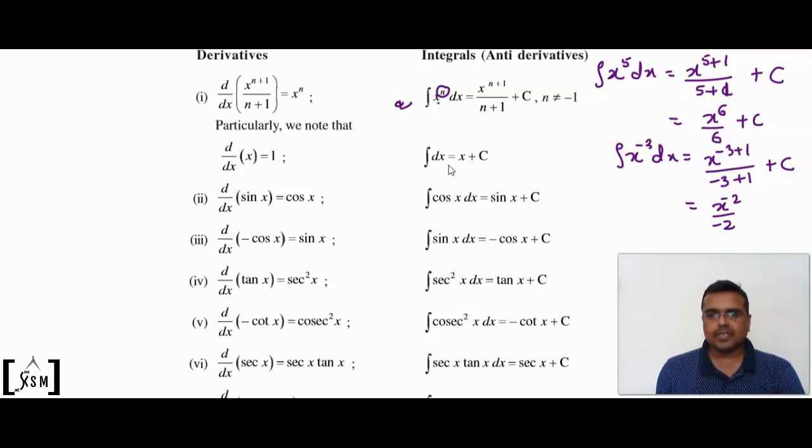Okay, and which can be simplified further as, I'm sure you must be knowing it, x to the power minus 2 you bring it down and you will get minus 1 over 2x square and plus c, which is the integral constant. So this is how we integrate x to the power n.